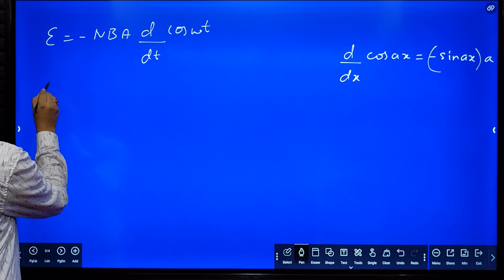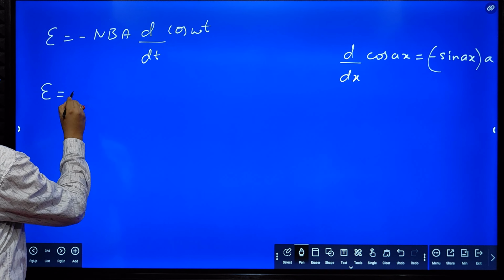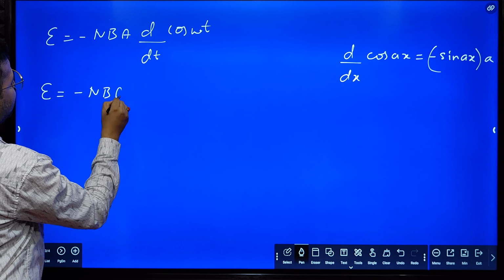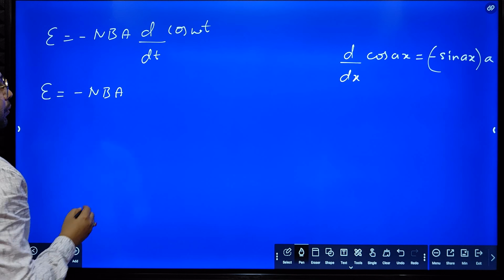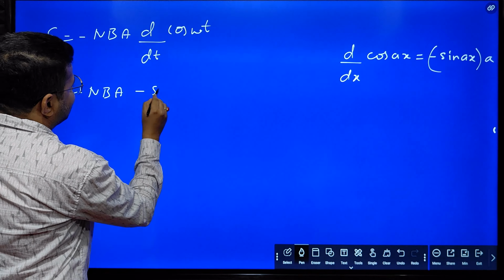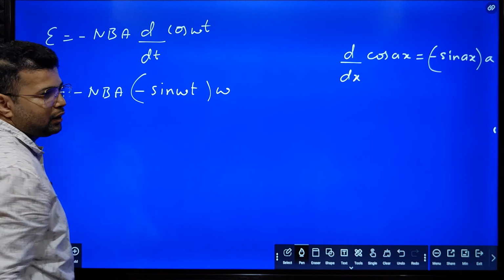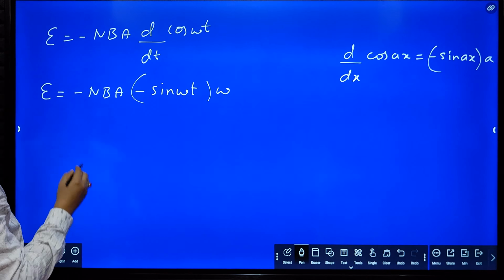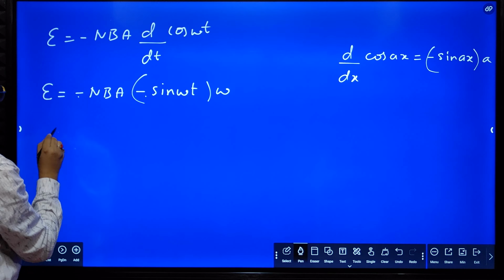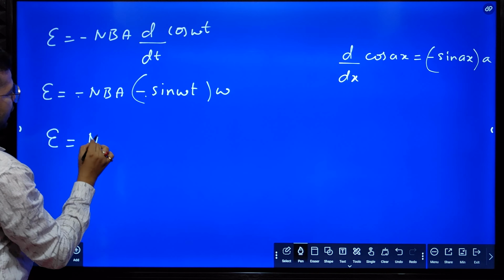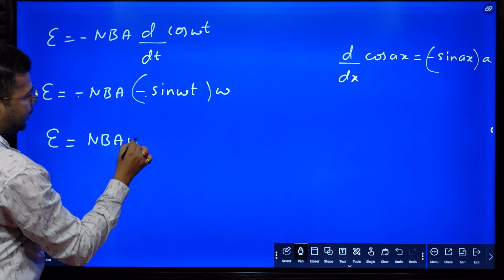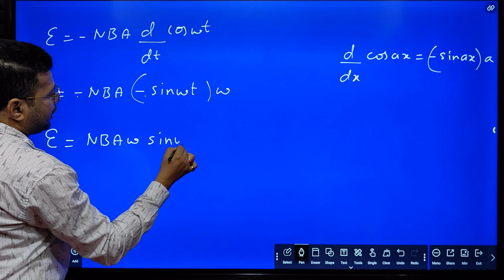So here induced EMF is therefore equal to minus NBA into differentiation of cos omega t, which is minus sin omega t into omega. Now what happens? This minus gets cancelled. EMF is equal to NBA omega into sin omega t.